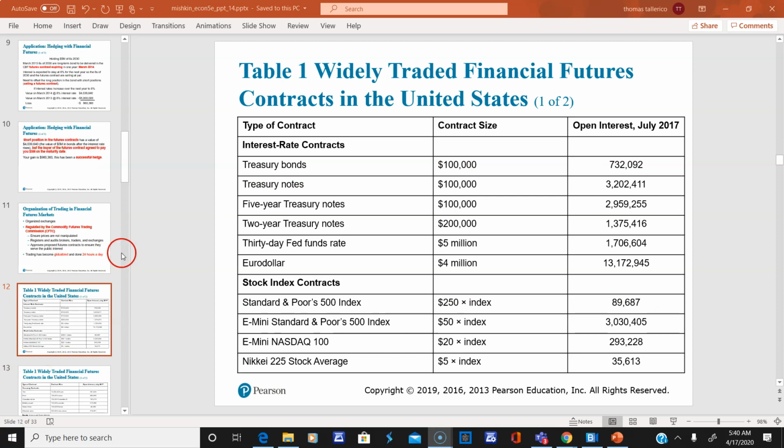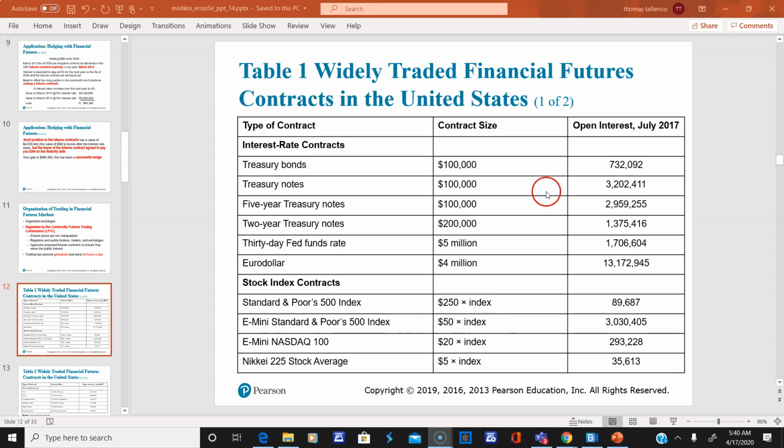So on the next two slides, this slide and the next one, they list many traded financial futures contracts. You can see this is just a sampling, and these are on treasuries, right? Interest rate contracts on treasuries, all types of bonds and notes. And here are the futures contracts on stock indexes, the S&P 500, and they even have one on the Dow.